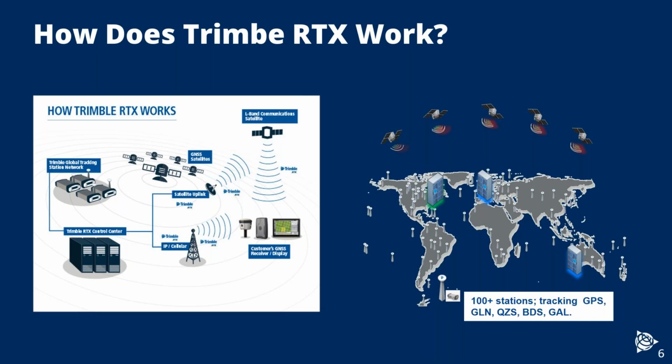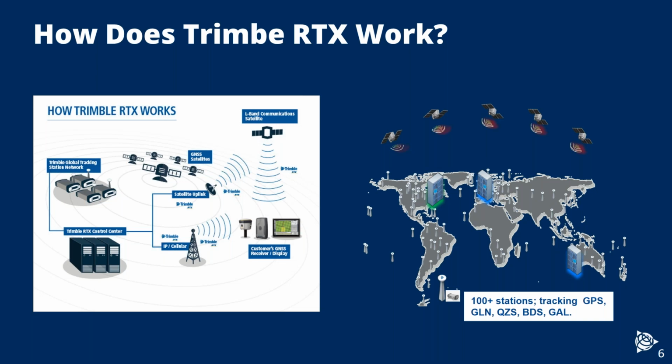So how does it work? I briefly mentioned on the last slide that RTX works similarly to other virtual reference station technologies. If you're familiar with POSPac's SmartBase, that's another example of a VRS. Trimble operates well over 100 base stations across the globe, tracking multiple GNSS constellations. These observations are then passed to Trimble's control center, where GNSS corrections are determined for the entire globe using Trimble's models.